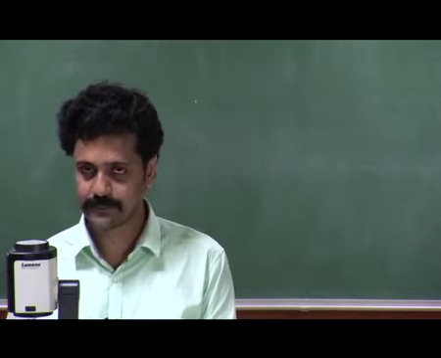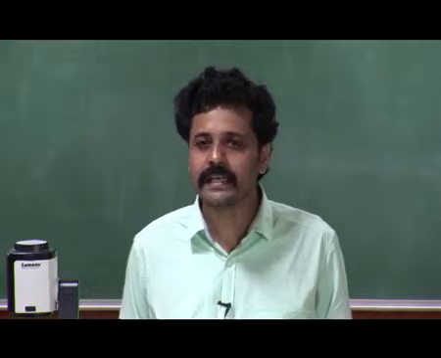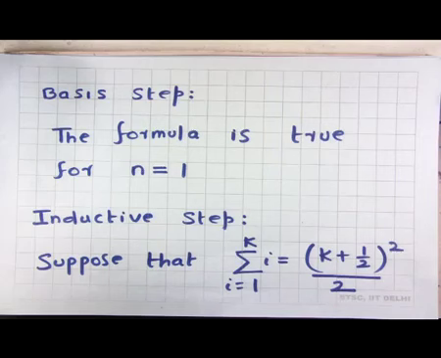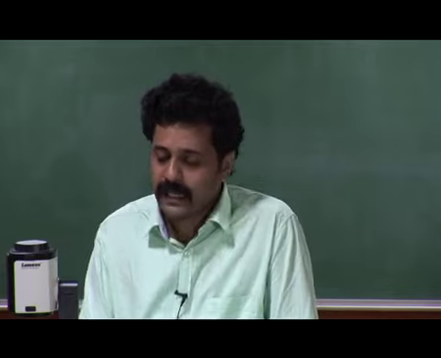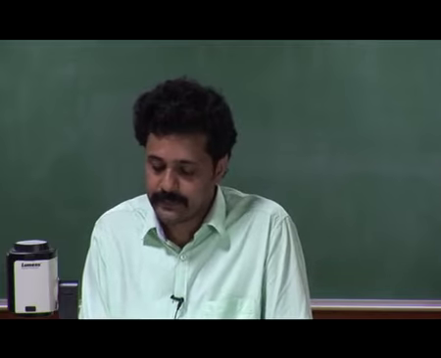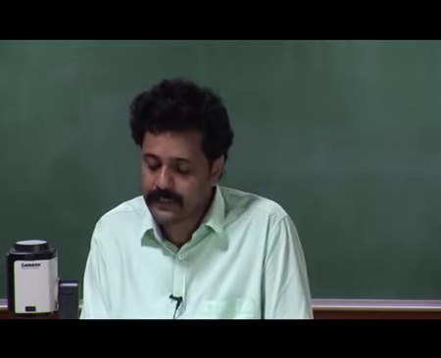The basis step generally looks very innocent, just to verify the statement for n equal to 1. So, there is a chance that sometimes we overlook it and then ignore the basis step. Let me proceed with the example.